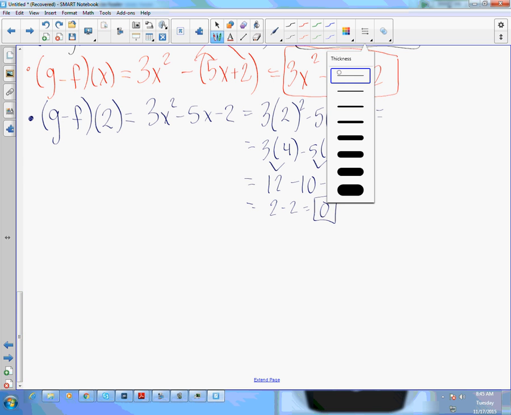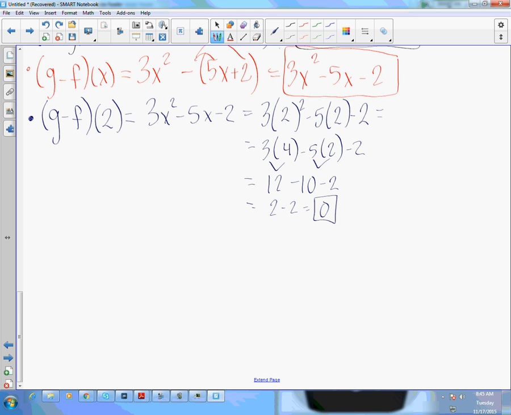Next operation. Now you have to be careful about how this looks. If the dot is filled in, that means times. If it's open, it means something else. So this would be f times g. F was our 5x plus 2, times g, which was 3x squared.